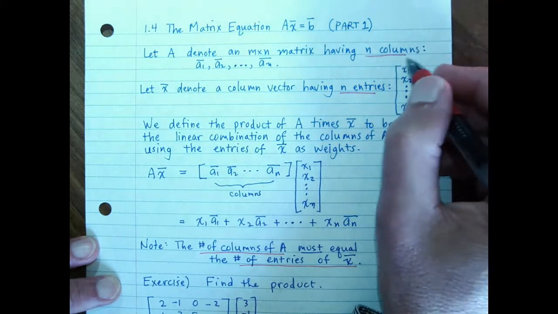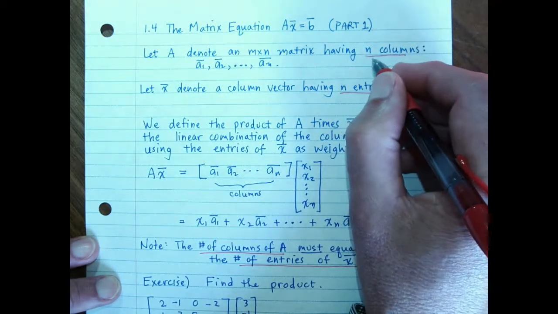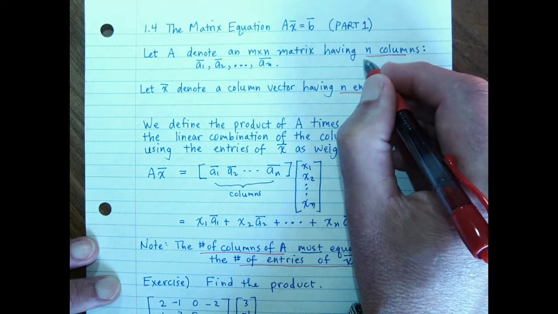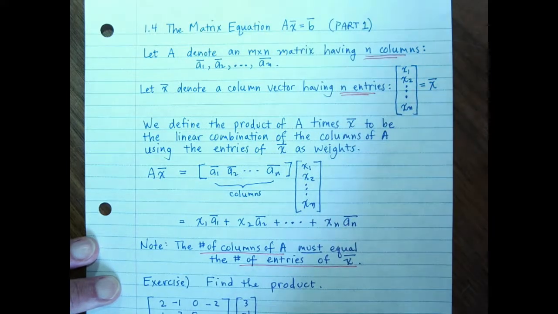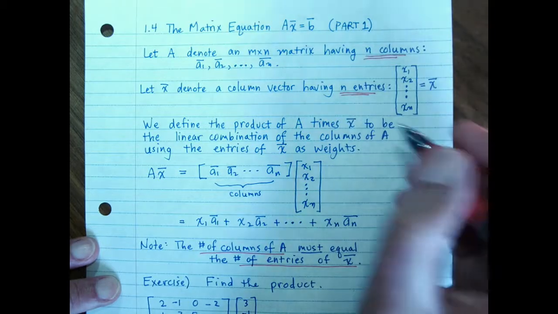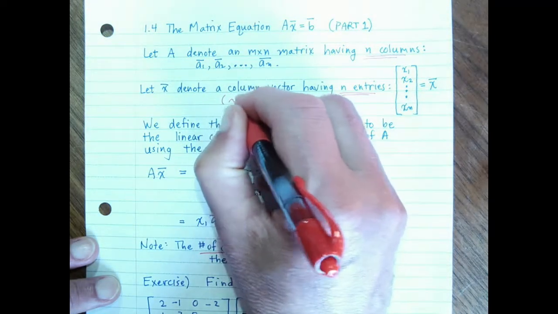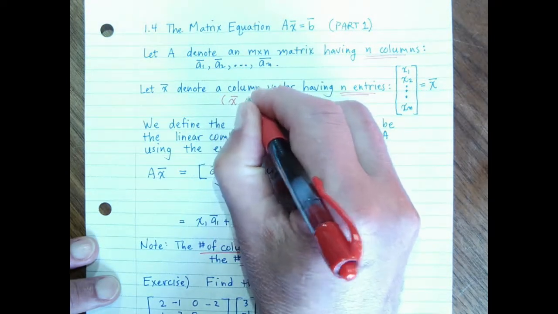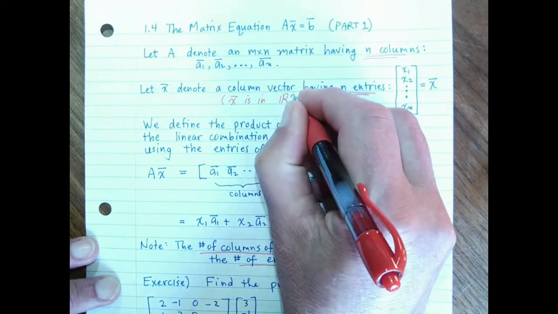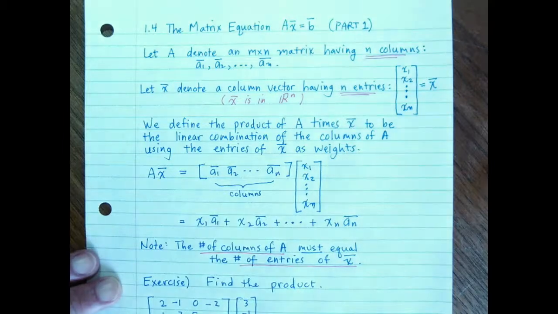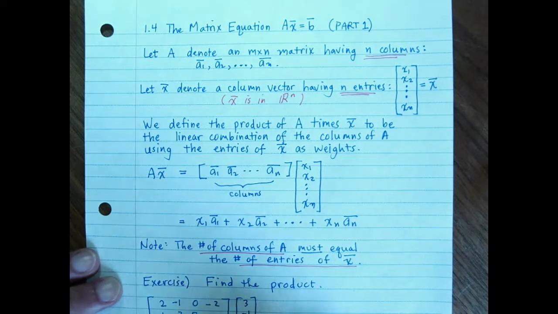In our beginning portion of this, note that's really the n columns matching the n entries. And I also wanted to make an observation here that x is in Rn, since we started using that Rn notation.